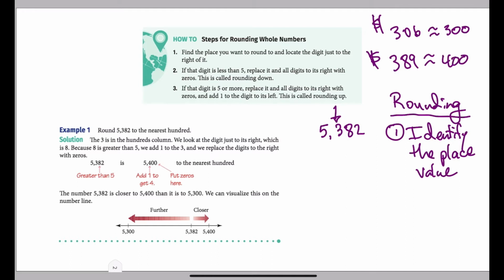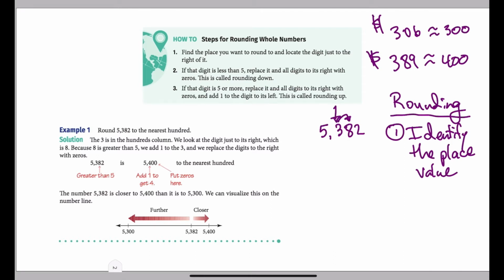So the question is, though, when do I know to round up or down? The question really relates to not what's in the hundreds place, but what's in the tens place. What number is in the tens place? So what we do when we're assigned to round to the nearest hundred is we go to that place value and then we look to the right, the neighbor number.